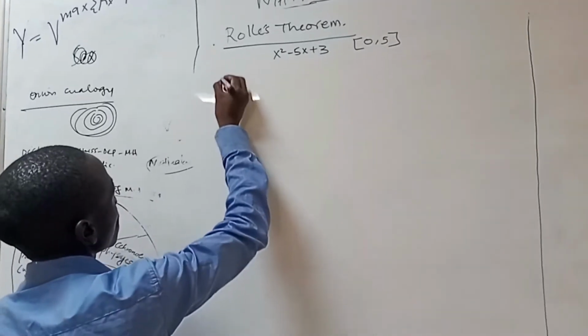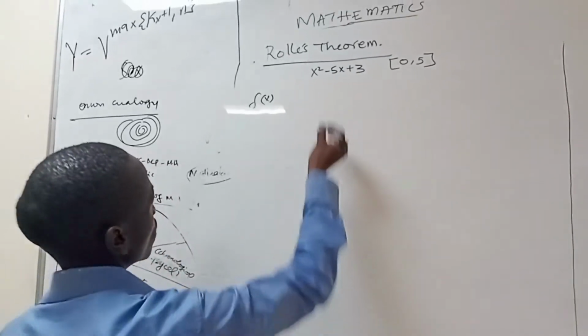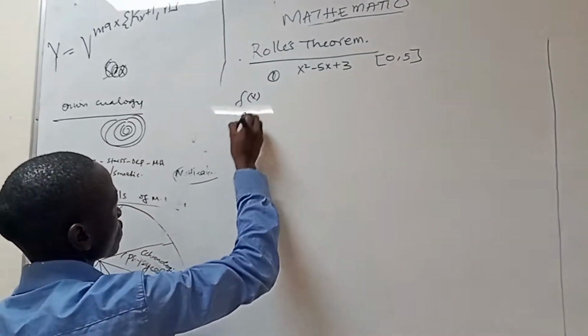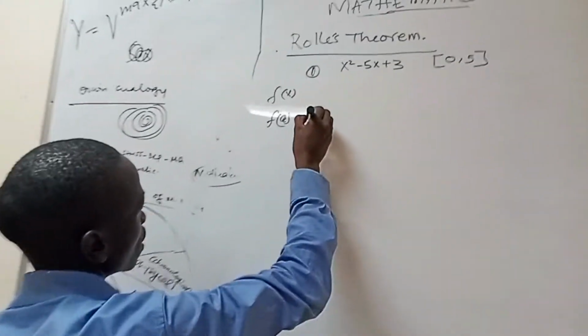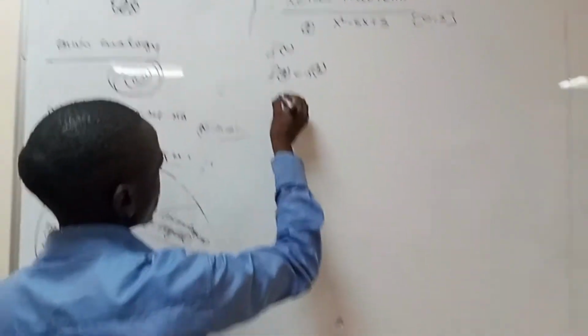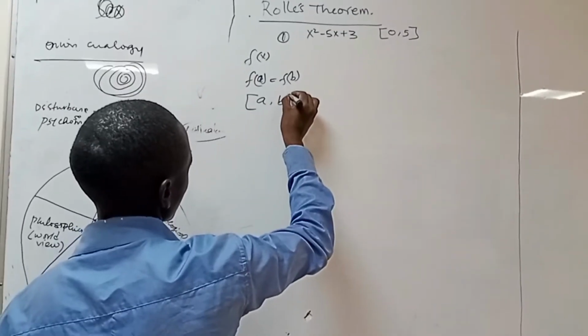So once again, you have a function of x as you are given one here. Then you should know that f of a should be equal to f of b, and the function should be continuous at points a and b.